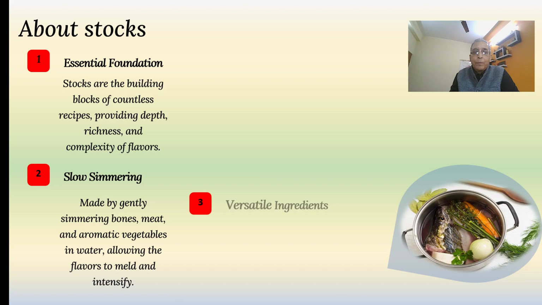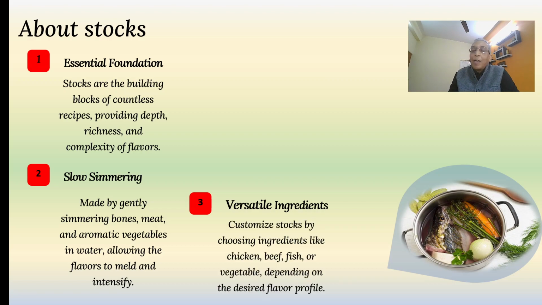Third one, versatile ingredients. How can it be made? What are the ingredients? Customize stocks by choosing ingredients like chicken, beef, fish, veal, vegetables, depending on the desired flavor profile.